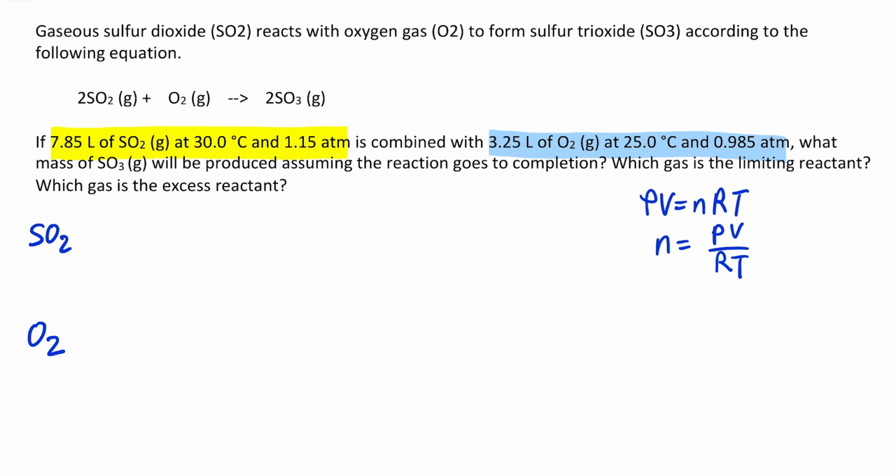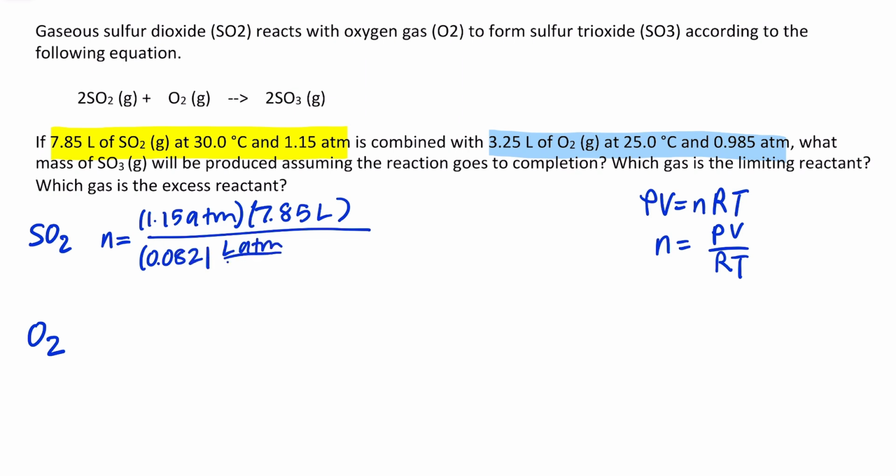So for SO2, we're going to do n equals P, which is 1.15 atm, multiplied by the volume, 7.85 liters, over the R value, which we're going to use 0.0821 L atm over mole K, because we're dealing with atm, so that is our R value to use.